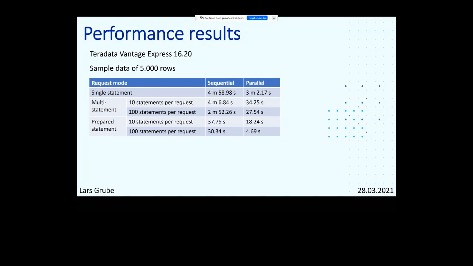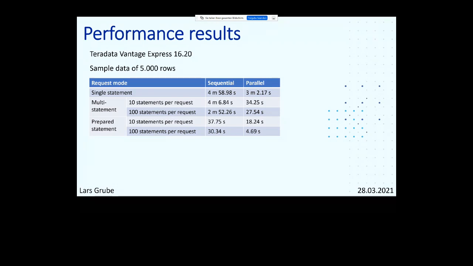So for those of you who are interested in performing some performance tests and experiments on their own, you have this opportunity just by downloading it from the Teradata site, and with a VM tool installation and a JDBC driver included in your Anypoint Studio, you can do the very same thing as I did comparatively easily. The sample data set I've used for these performance results consisted of 5,000 rows, yielding the following results we can see here.